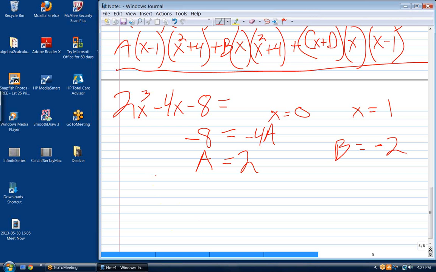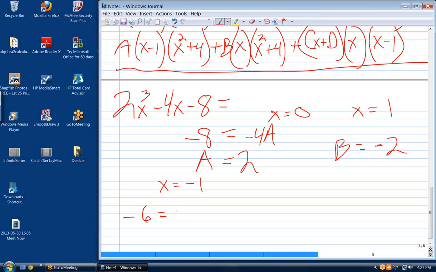So let's pick another simple number for x, which is minus 1. If we let x be minus 1, this becomes minus 2 plus 4 minus 8, so the left side would become minus 6.